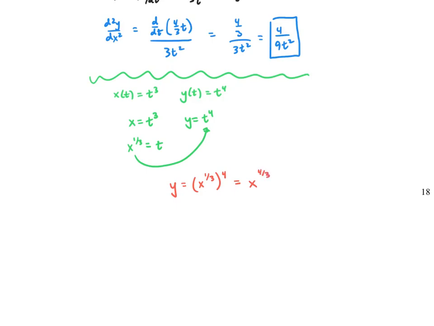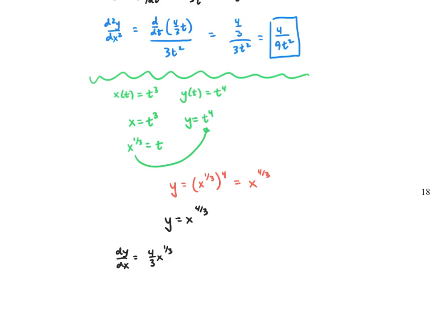So my equation without the t in it is simply y equals x to the 4/3. Now if you think about this, this derivative becomes pretty straightforward. We're going to first calculate dy/dx, which is just the power rule, 4/3 x to the 1/3. That's all done. The reason that was so simple is because the derivative was with respect to x, and the equation was in terms of x.